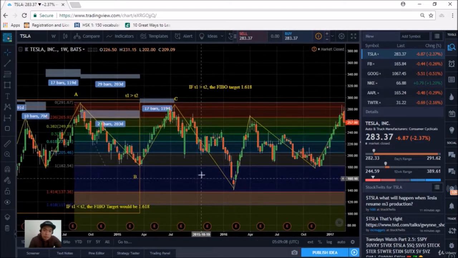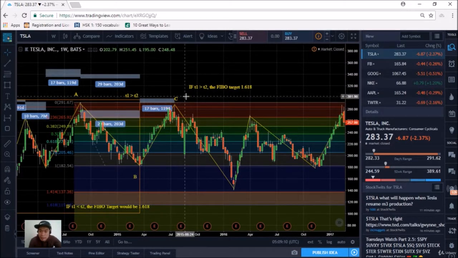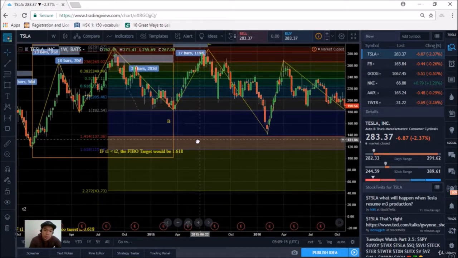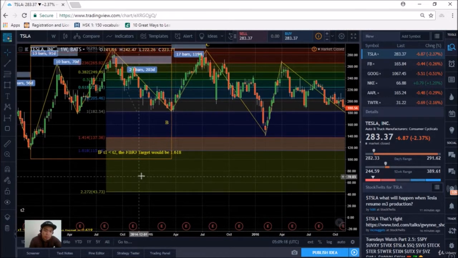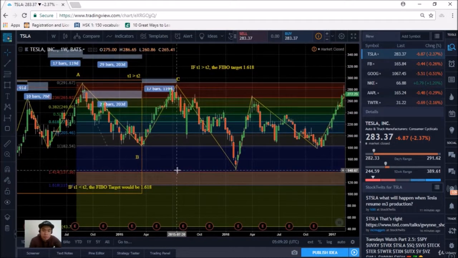But if we measure the target down, if T1 is more than T2, the next target is supposed to be 1.618. Now you make this the distinct low for the downward market, and this the distinct high for the downward market. Can you guess what you need to do next?